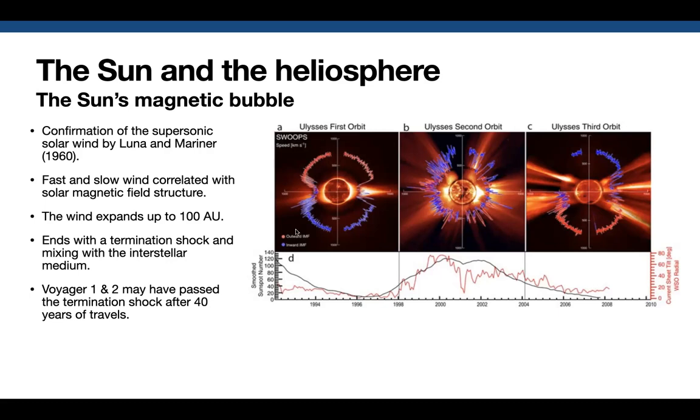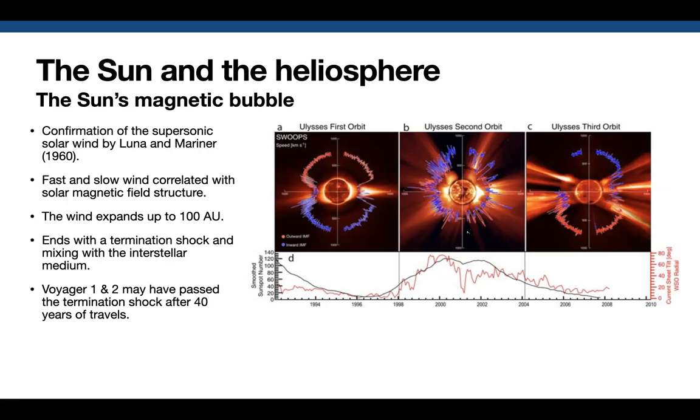Here, for instance, at solar minimum, you see the wind speed as a function of latitude, and the color represents the magnetic field polarity. What we observe is that we have fast wind at the poles and slow wind around the streamer belt and close to the closed field regions of the sun.